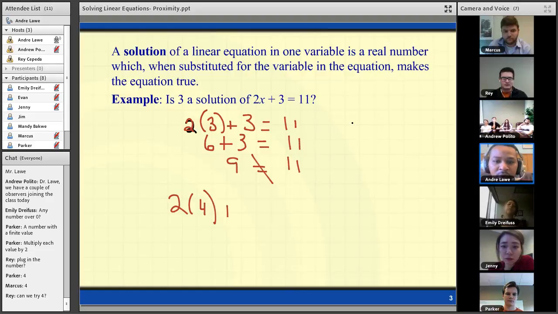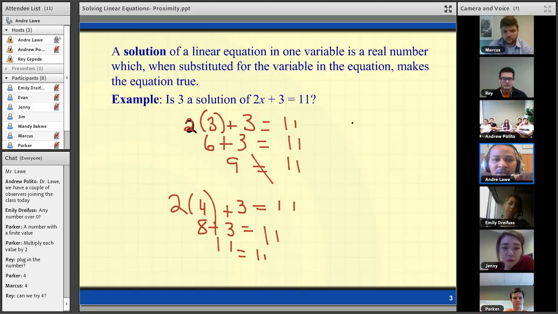Same thing, we rewrite our expression, replacing the variable x with 4. We can see in this example that both sides of the equation are equal. And so we know our solution here would be 4.